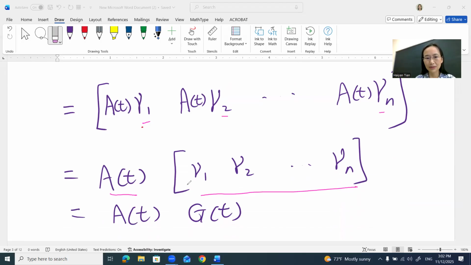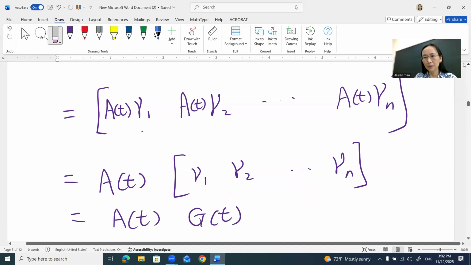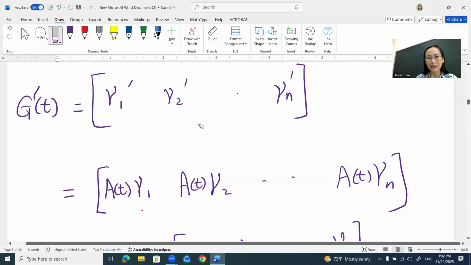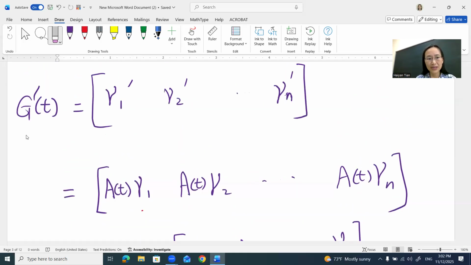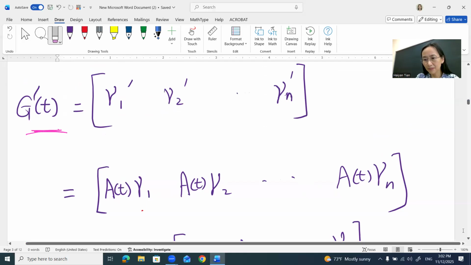So we put A outside, and that part is G, the fundamental matrix. So then we see that the derivative of G is A times G. That means the fundamental matrix satisfies the matrix equation: the derivative of G is equal to A times G.